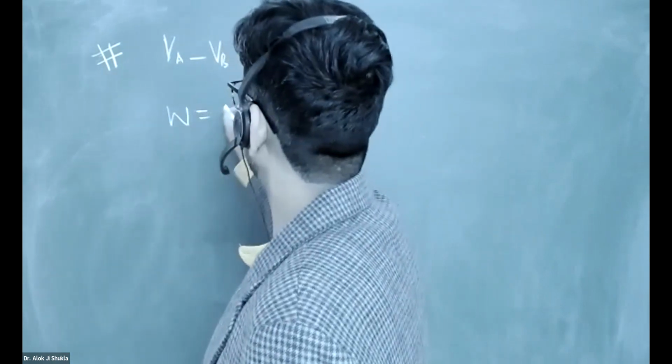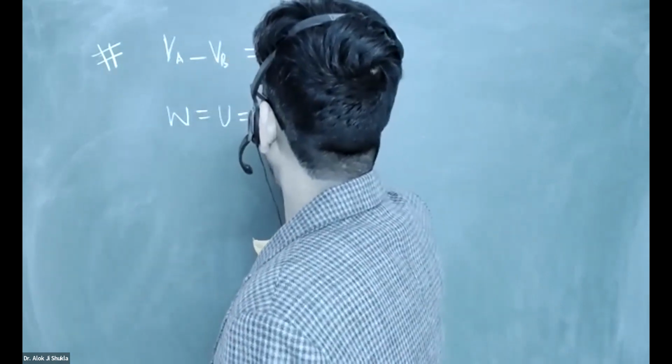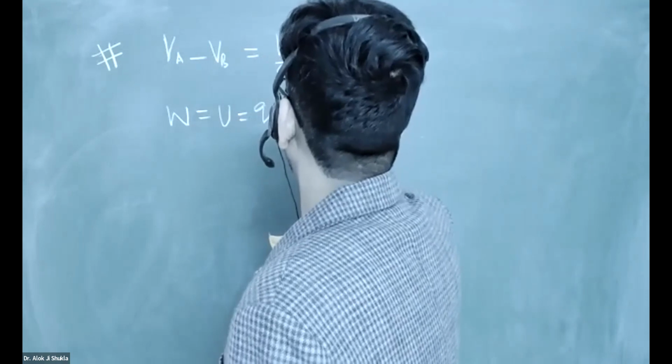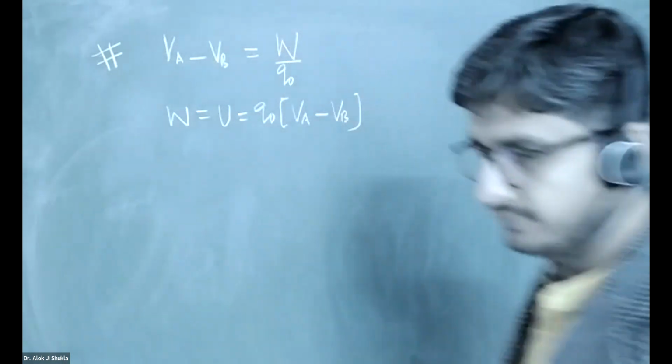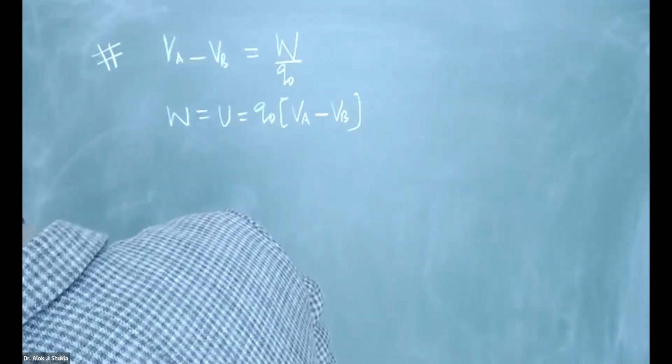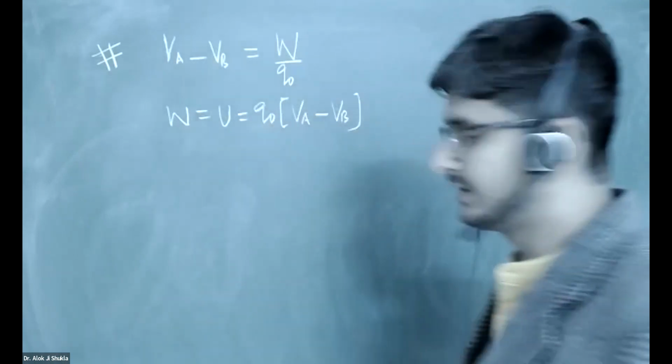So if you want to calculate the work, that means the energy of that configuration, it will be Q naught times VA minus VB. That will be the energy. So let us calculate the energy of a configuration.